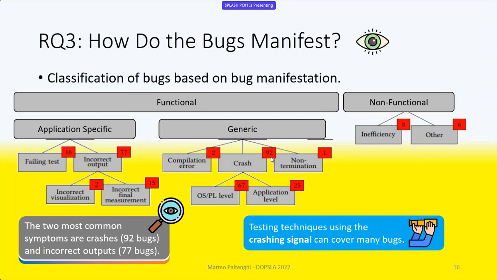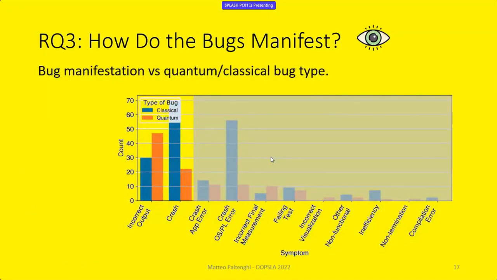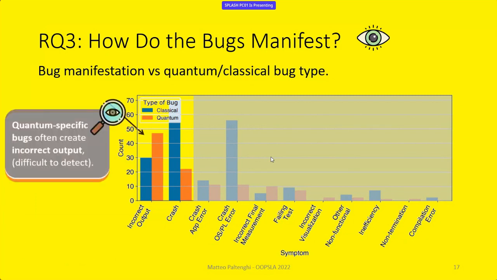Now, let's still look at how the bug manifests, but looking at the type of quantum and classical bugs which manifest in these two biggest categories, so the incorrect output and the crash. And what we see is that in the incorrect output, the majority is quantum-specific. And here again, if we recall the introduction, the output of a quantum program is a distribution.